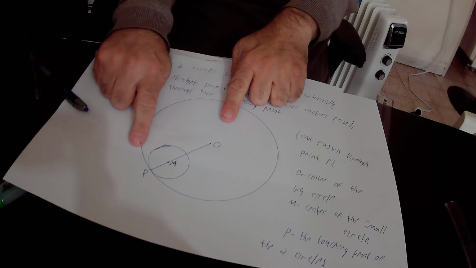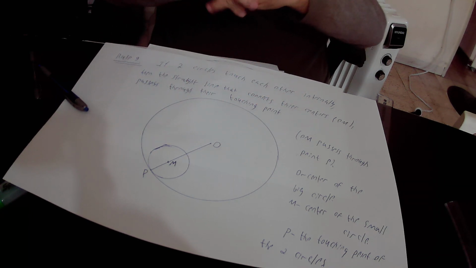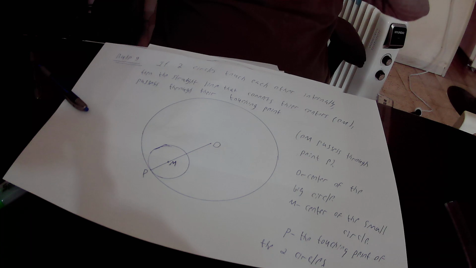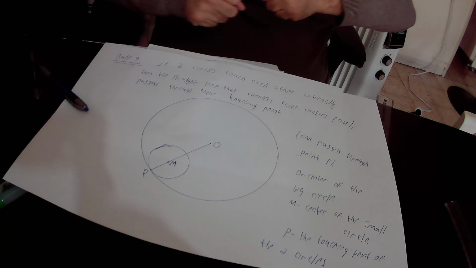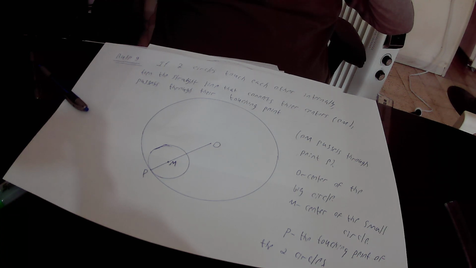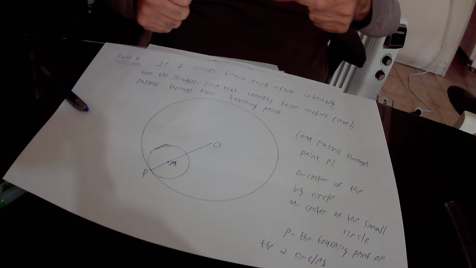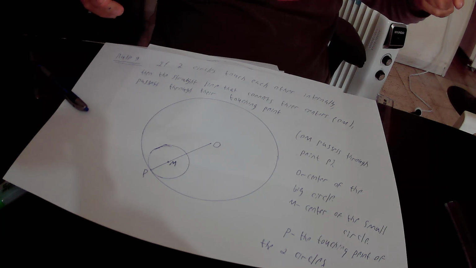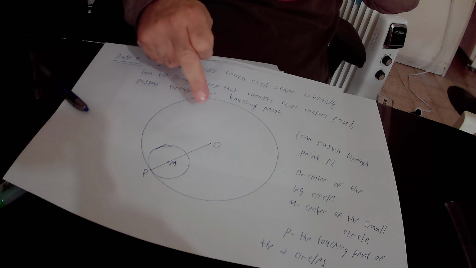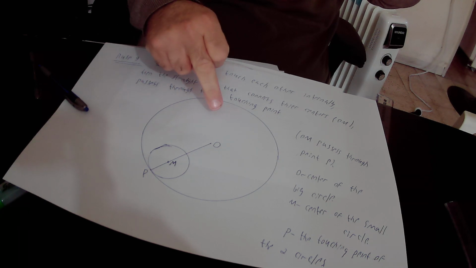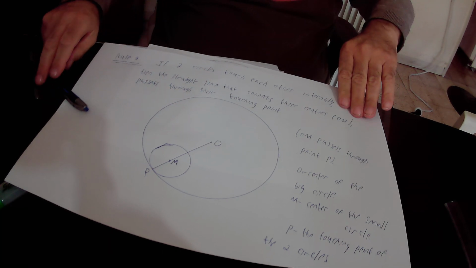So whenever you have an internal touch between two circles, then the straight line that connects their centers together must pass through their touching point. In this case, it means that OMP is one straight line.